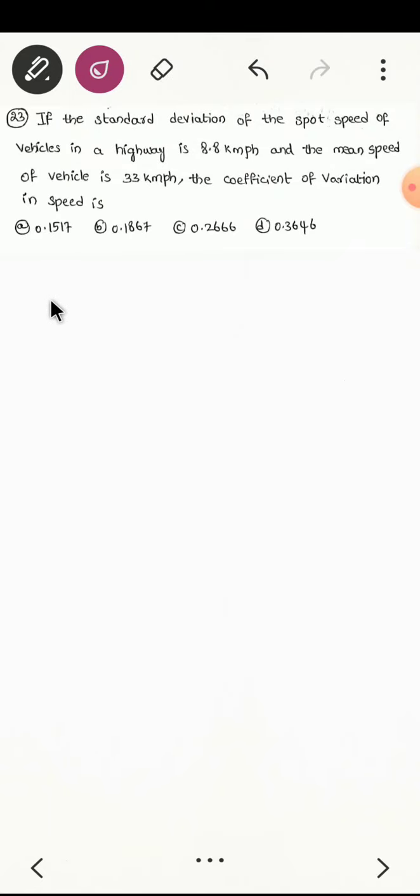Then the 23rd question. Before solving it, remember one formula I forgot to tell: the coefficient of variation of speed.